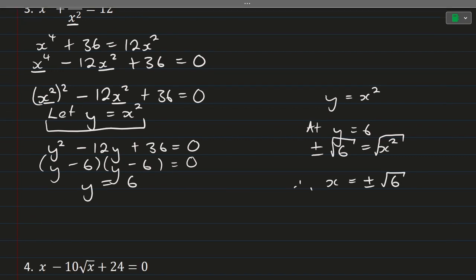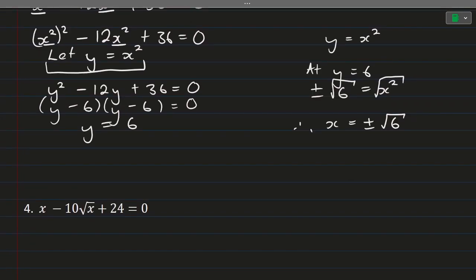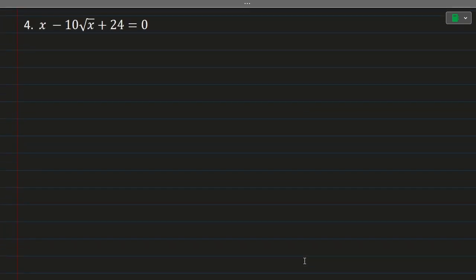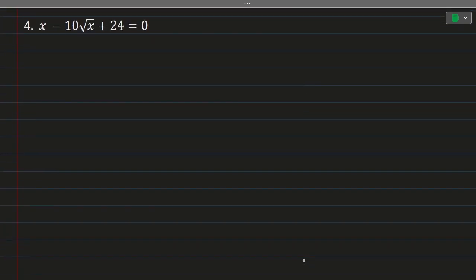Now let's move on to our last example, which is number 4. x minus 10 root x plus 24 is equal to 0. Now let's rewrite square root of x as x to the power half. So that's minus 10x to the power half plus 24 is equal to 0.